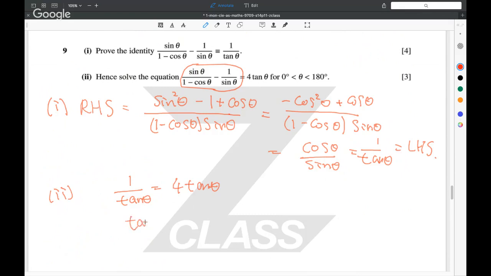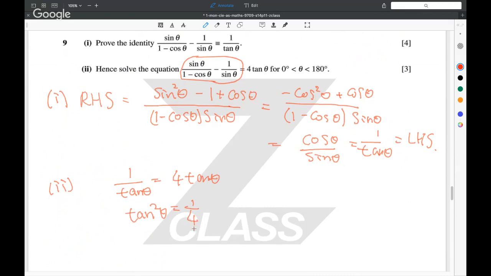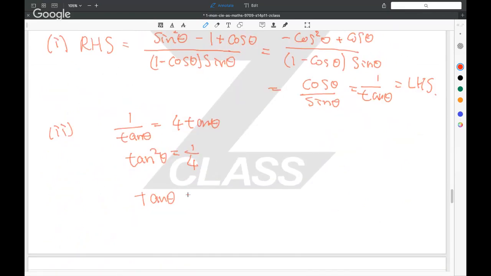That's saying that tan squared theta is equal to 1 over 4, so tan theta must be either plus or minus a half. You can solve that by using your calculator, and you will get 2 answers: 26.6 degrees or 153.4 degrees.